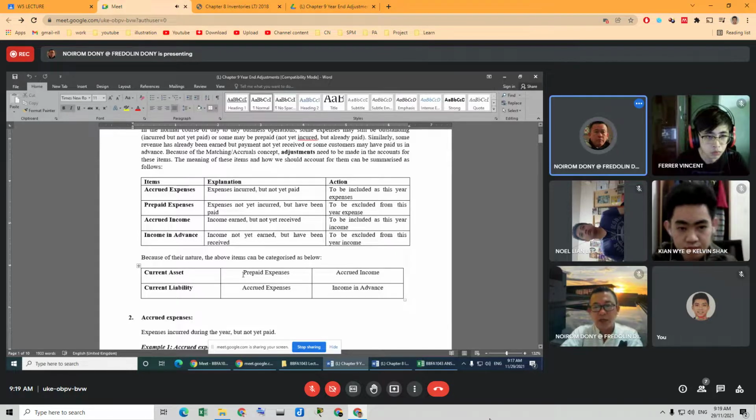So if it's income, prepaid income, is the opposite. If prepaid expenses is an asset, remember, prepaid income is the opposite, a liability. Accrued expenses is a liability, but accrued income is the opposite, an asset. So that's how I remember. When I memorize this, when I do the recording, it will be much faster.